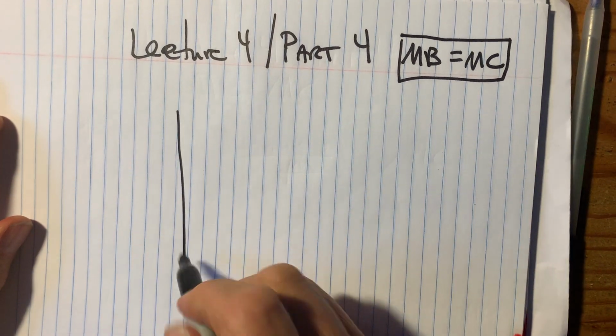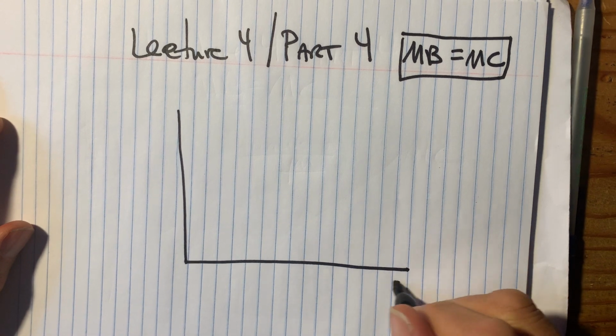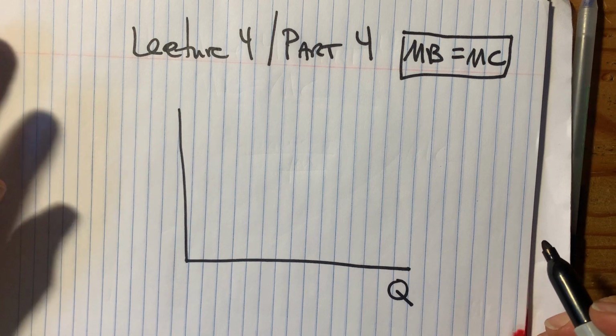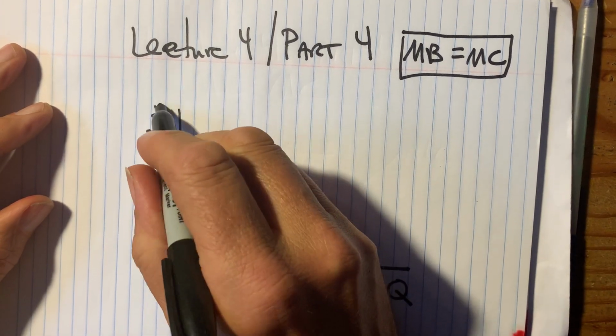So if we draw a graph, and let's say we're going to put quantity of any good or service.